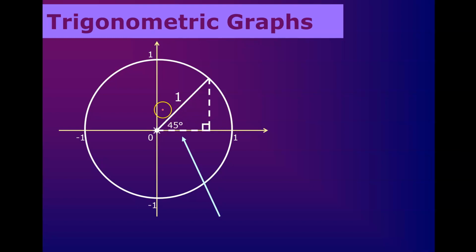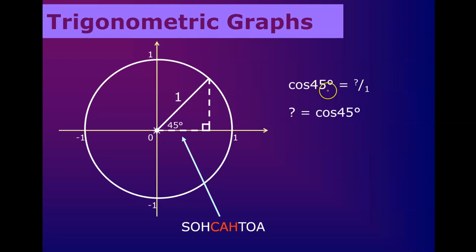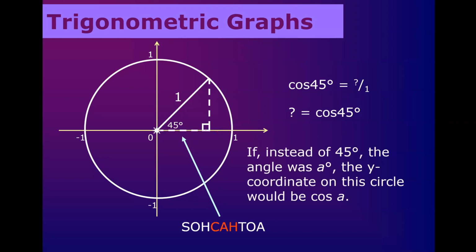Likewise, as the angle gets bigger, closer to 90, this length gets shorter. Cosine works in exactly the same way because we've got the unit circle, a hypotenuse of 1, so cosine of 45 is equal to the horizontal distance.